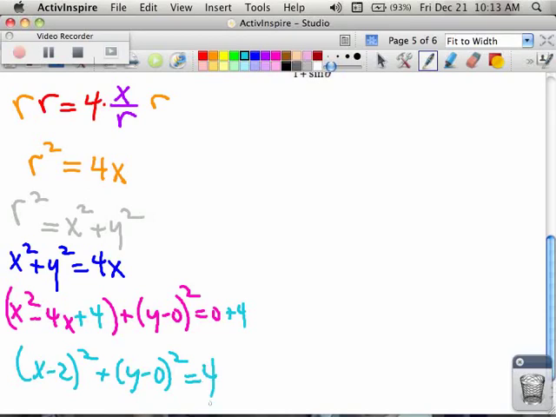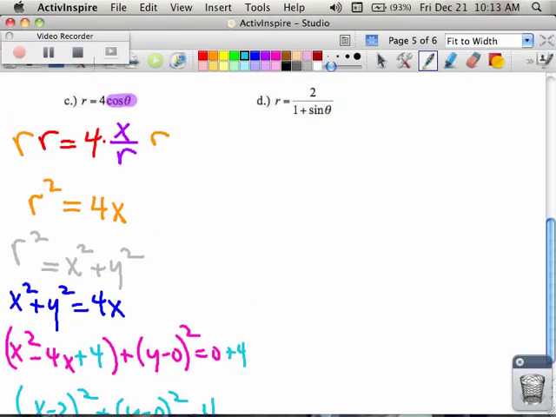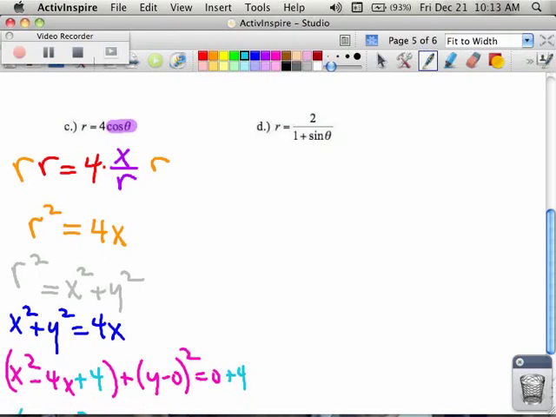This is a circle with a radius of 2, with its center at 2, 0. Completing the square. This was in chapter P. We learned a long time ago. And that's the same as 4 cosine of theta.